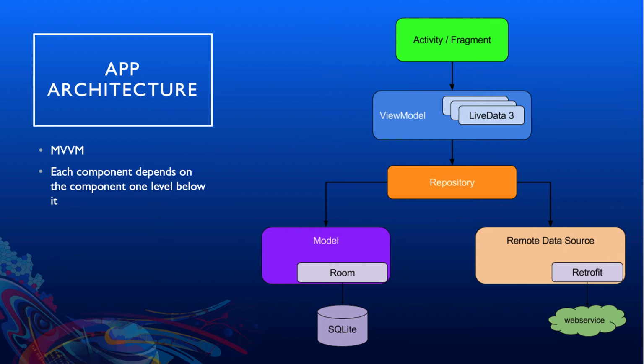Unlike regular observables, live data is lifecycle aware, meaning it respects the life cycle of other components such as activities, fragments, or services.